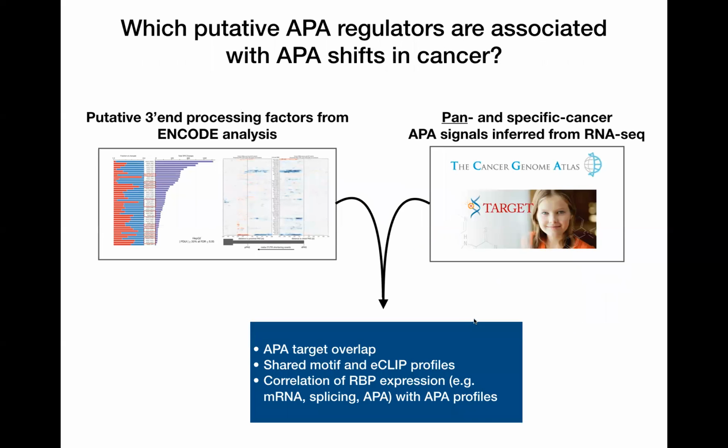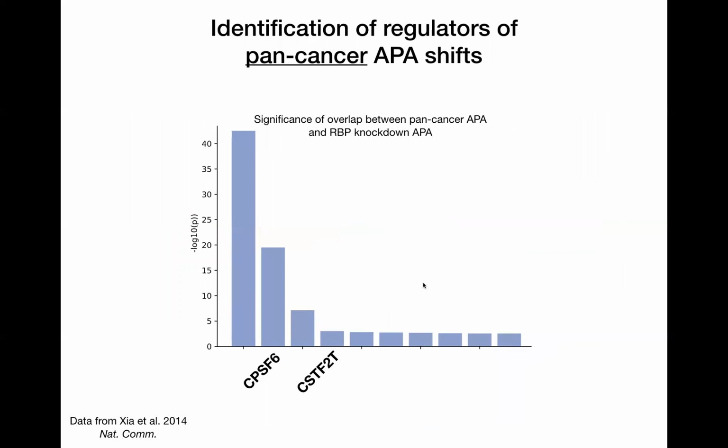So if we apply our same analysis here from ENCODE, what we learn about the regulatory landscape with different cancer data sets, we can really recapitulate the previous analysis from the DePars group of pan-cancer APA shifts, where if we merge our ENCODE data with functional targets from pan-cancer APA events, we see the core CPA machinery that are available in ENCODE being the most significantly enriched in the overlap of cell line regulation with cancer dysregulation.